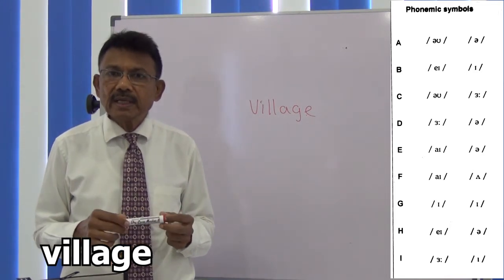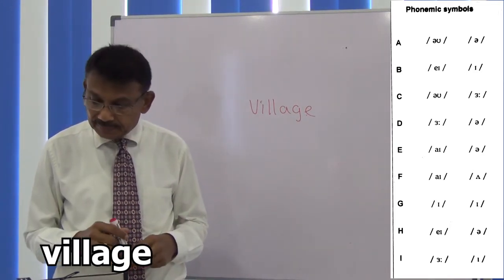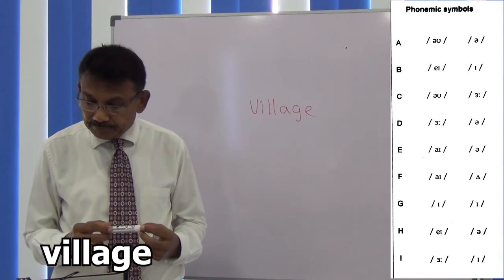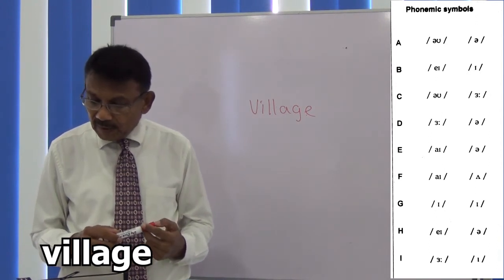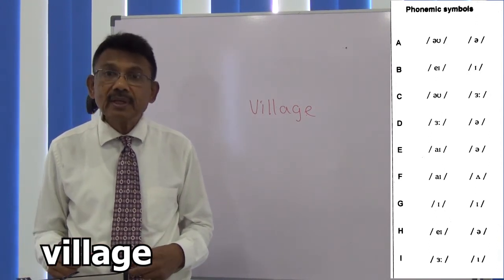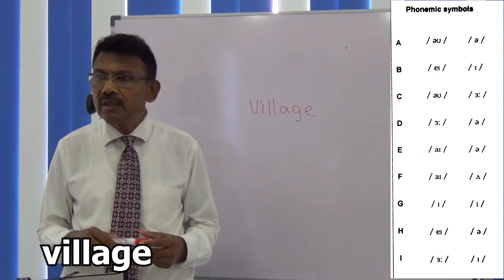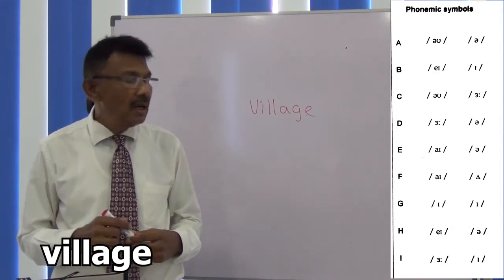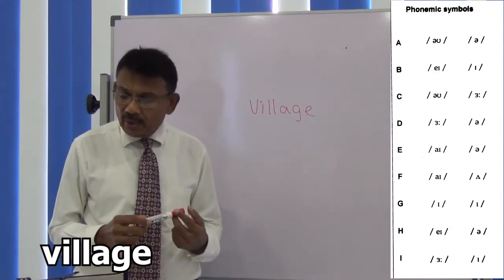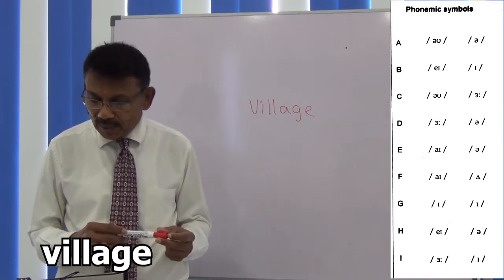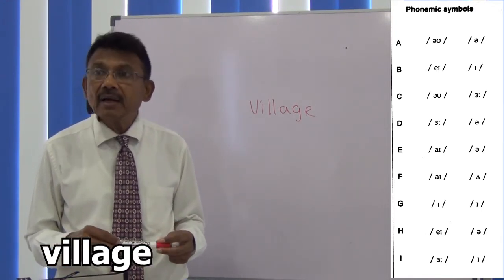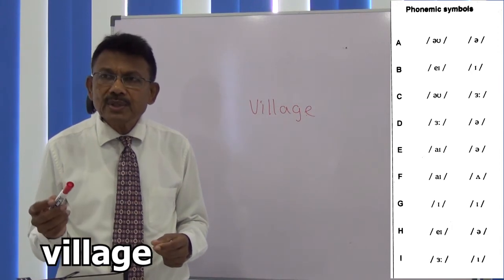Yes. What is it? J. G. G is E, U. Let's see. How do you pronounce the word? First pronounce the word. Village.